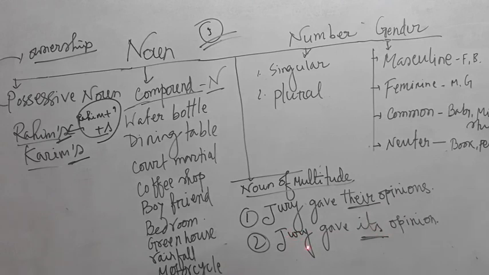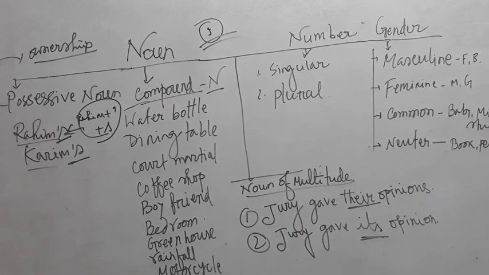This jury means singular, and this jury means plural. So when the word means plural sense separately, then it will be a noun of multitude. And when you use it, you have to remember that it will take a singular pronoun or a plural pronoun accordingly. In this way we can know all of the things which are related with noun.